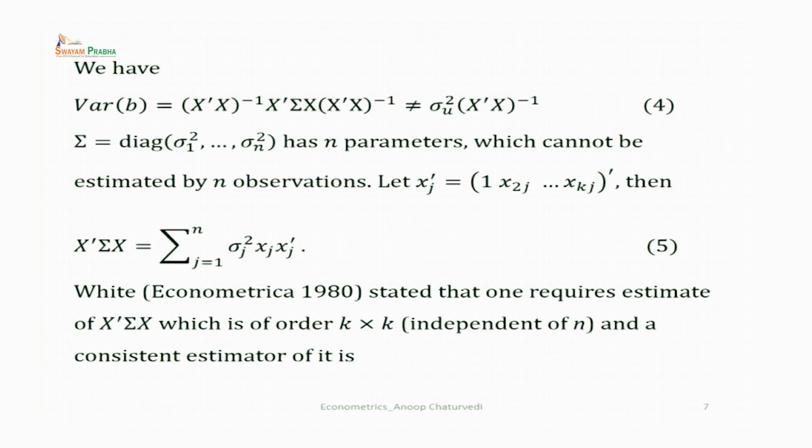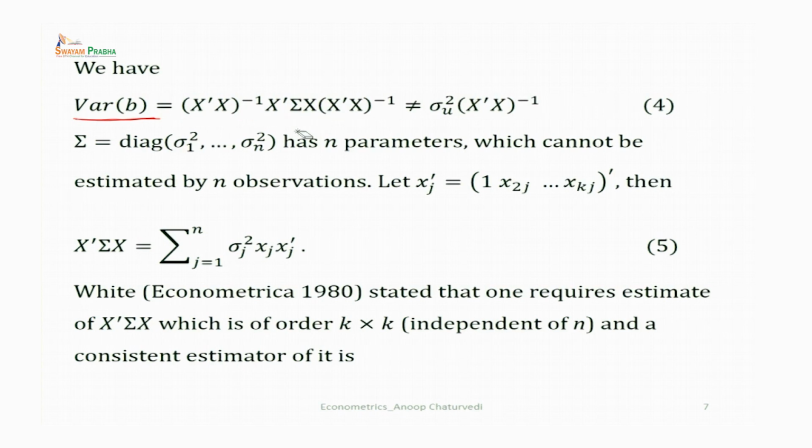Now, suppose you want to estimate this variance covariance matrix of b. So, still you are using b to estimate beta, and then you are also interested in estimating the variance covariance matrix of b.